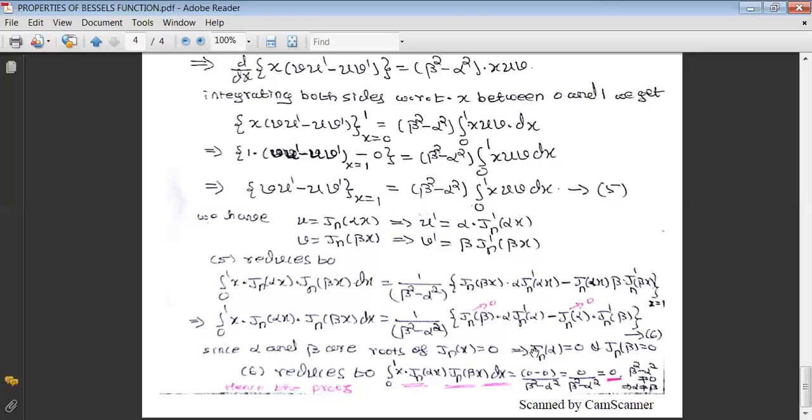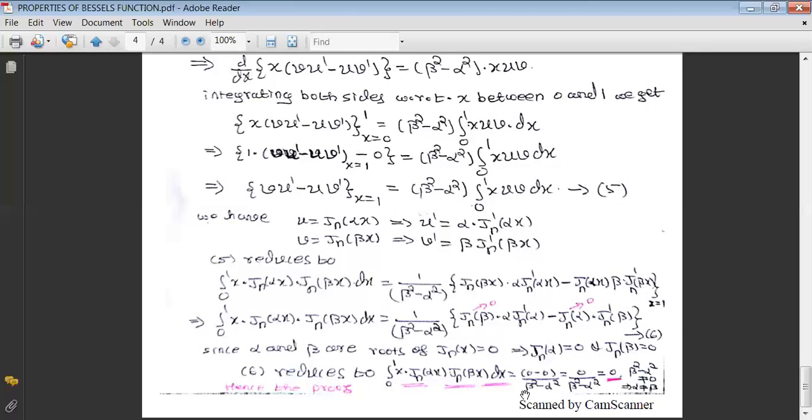If you take Jn of alpha equal to 0 and Jn of beta equal to 0 in equation 6, that's why we have marked this one as 0 and this one as 0. That is 0 into something becomes 0, and here also 0 into something becomes 0. Therefore this becomes 0 minus 0, that is the numerator.